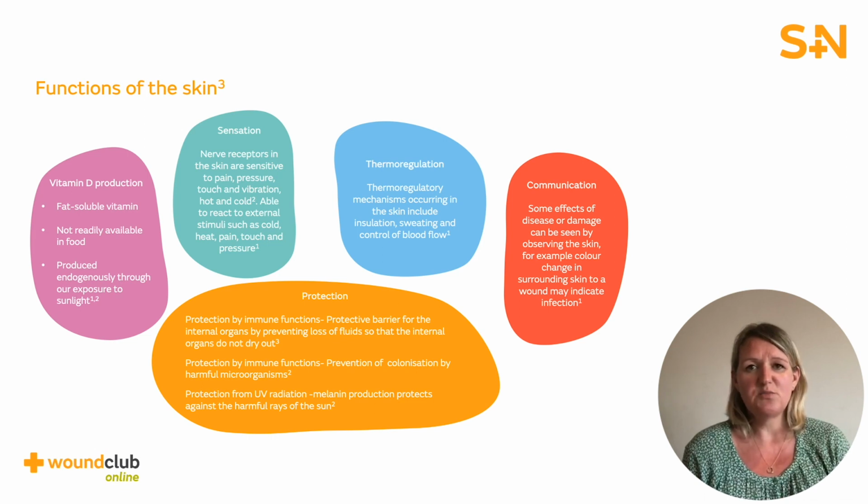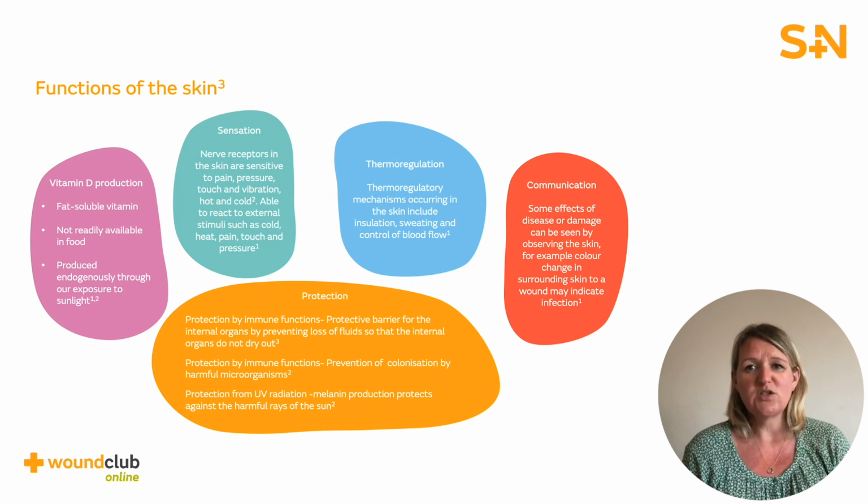Additionally, the skin provides protection through immune functions, therefore preventing colonization by harmful microorganisms. Antimicrobial peptides are produced by the cells of the epidermis that kill gram-positive and gram-negative organisms, fungi and some viruses. The dryness of the outer layer of the epidermis and the continual shedding of keratinocytes assists in preventing any sustained growth of organisms on the skin.